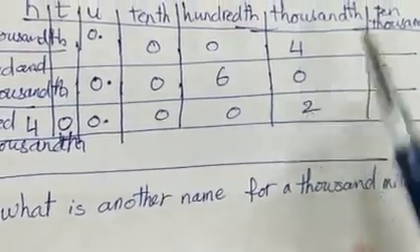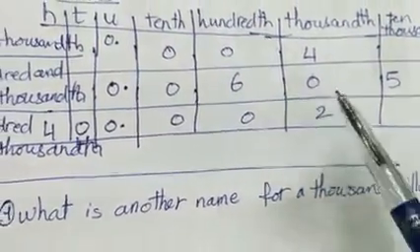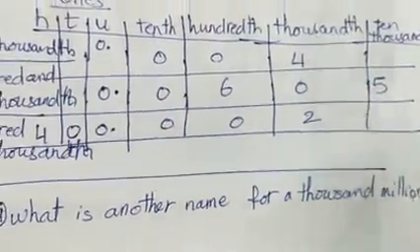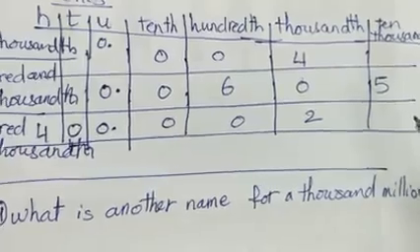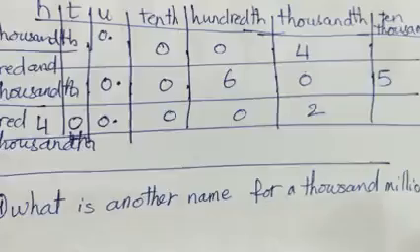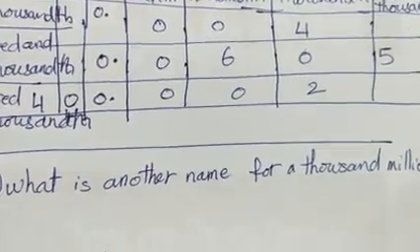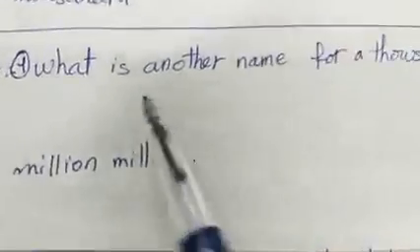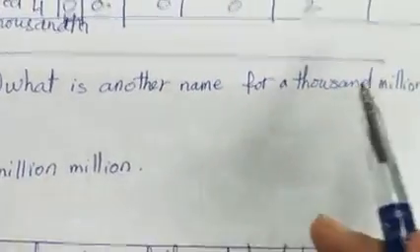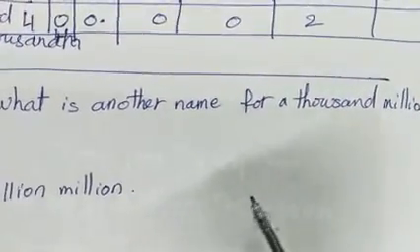Then I have 2 in the thousandth place, so it will be 402 thousandths.